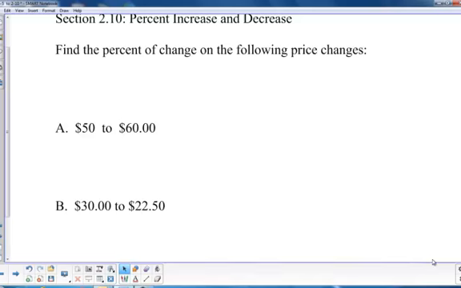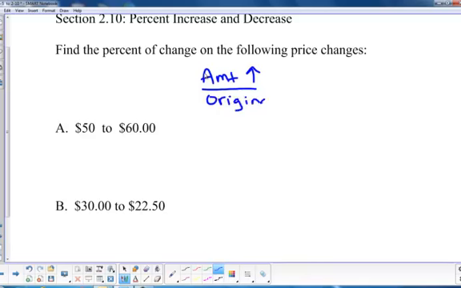All right, to find the percent increase or decrease, we're going to do the amount of increase or decrease divided by the original amount. So amount increase divided by original. So 50 to 60, we have a $10 increase because that's 60 minus 50, divided by the initial amount, which is 50.